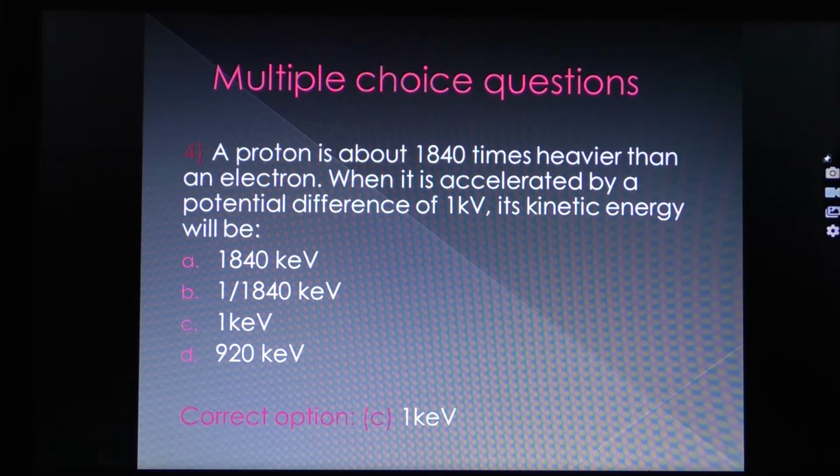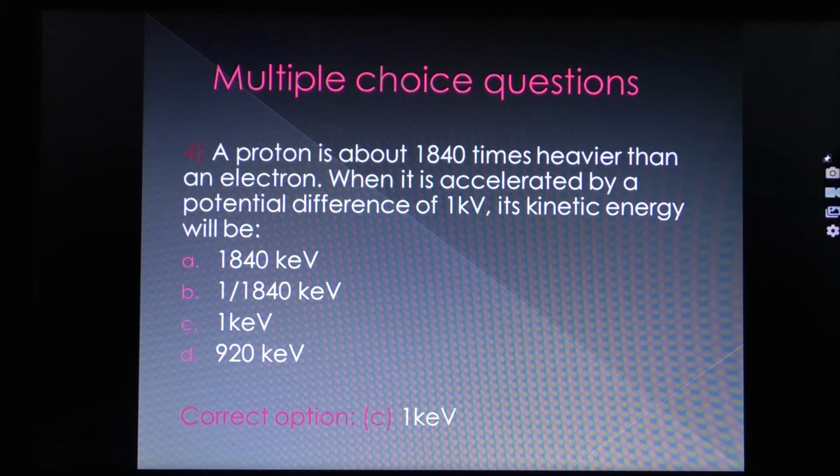In order to find the correct answer, if you remember the equation I taught you in the second lecture, work done W is equal to q into delta V. Do you remember? Because this is a proton and electron, you have to put q is equal to small e. And what is the potential difference? The potential difference is 1 kilovolt.